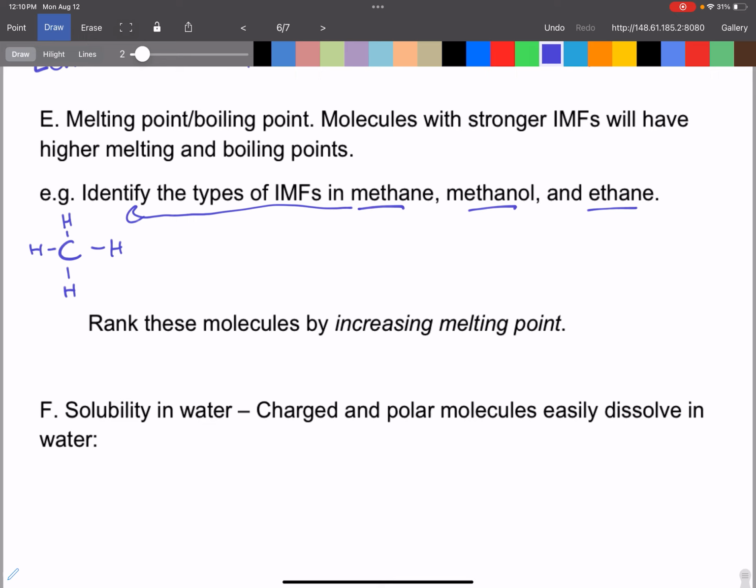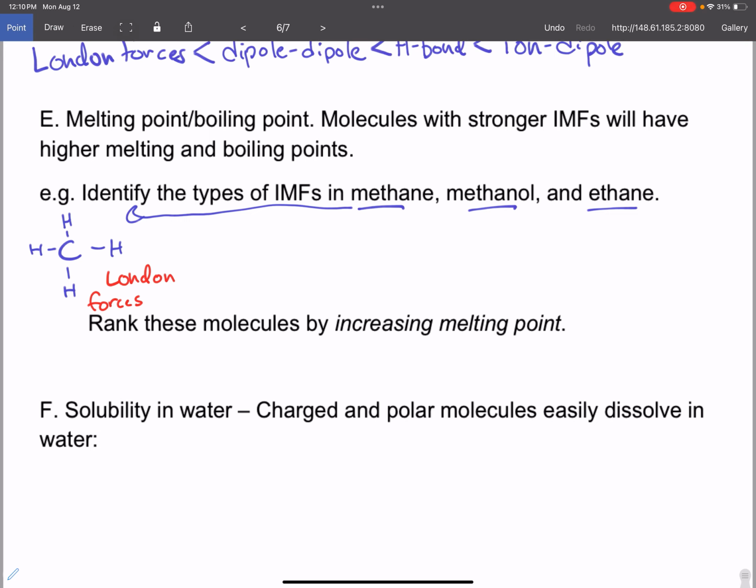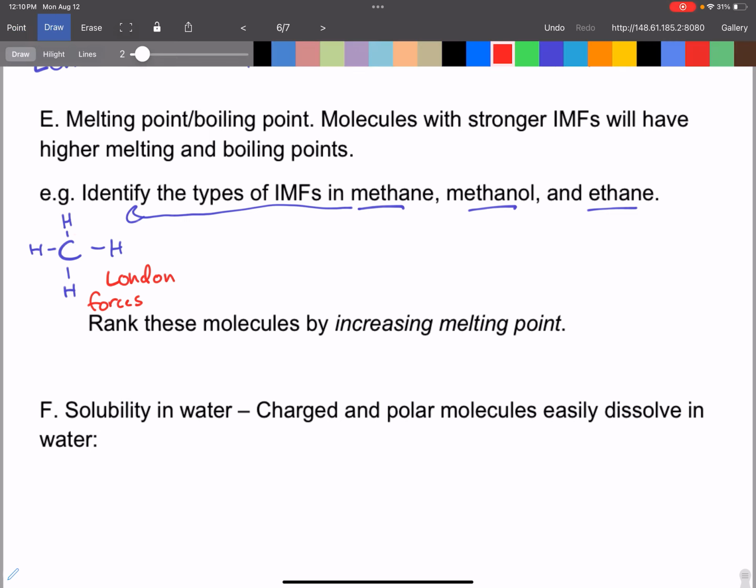Well, all matter has London forces, so we can always write that down. But notice that this has CH bonds only. Those are nonpolar, so there are no dipoles, there's no hydrogen bonding, there's no ion dipole. This is the only thing this molecule can do, these London type interactions. So we're going to say London forces only.